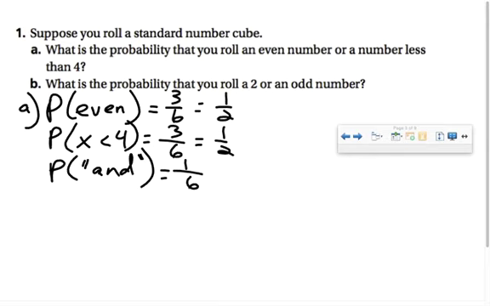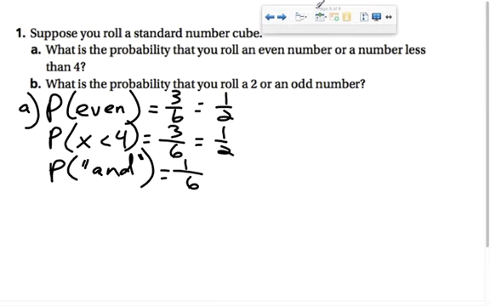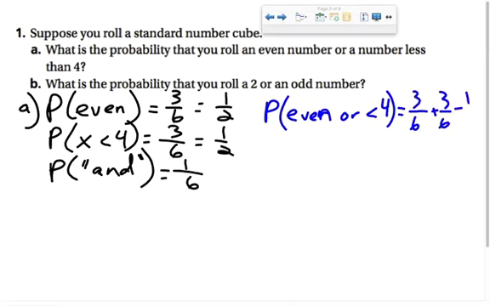So then for part A, the probability of even or less than 4 is 3/6 plus 3/6 minus 1/6. And so that is 5/6.